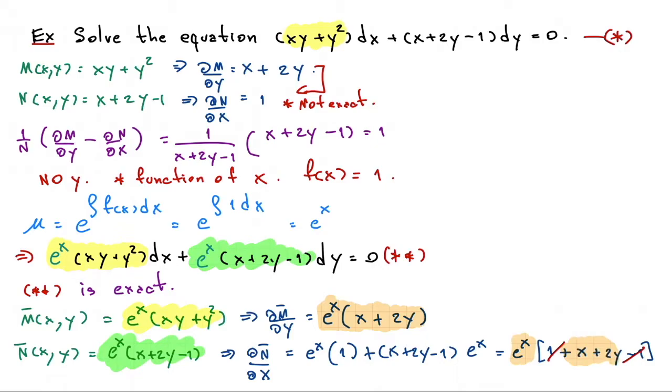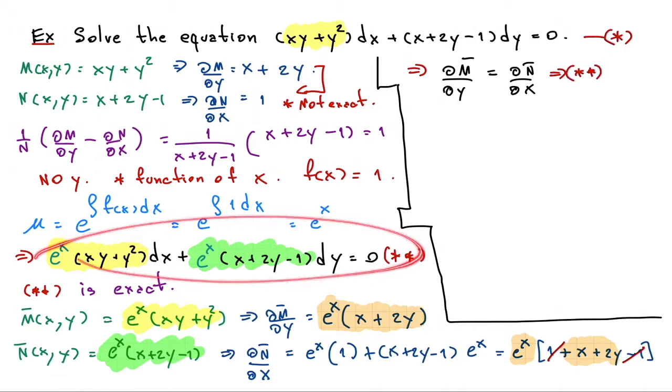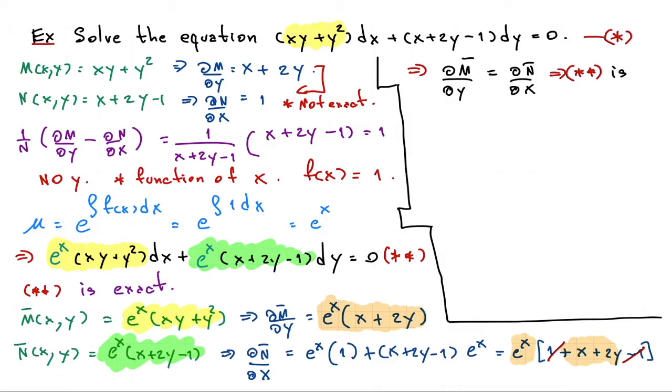See? So we have that dm bar by dy equals dn bar by dx, which means that the equation double star, this equation, is exact. Make sense?